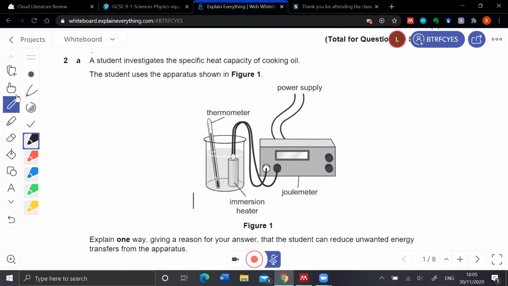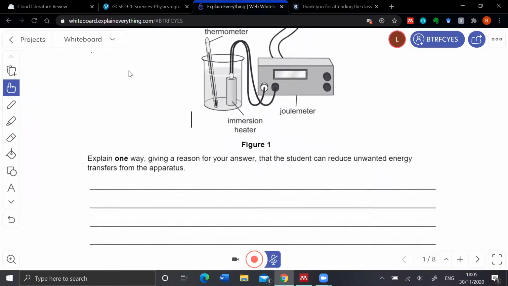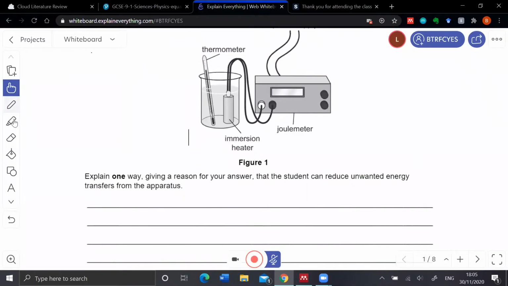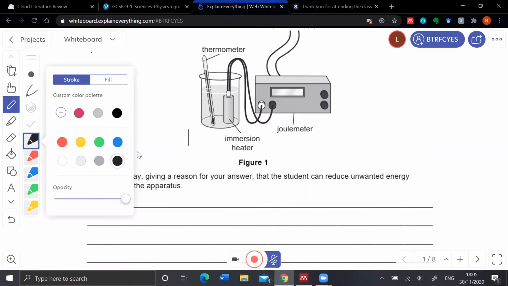Okay, so there's two main ways, and you only have to mention one of them, but I'll mention both. Way number 1, you could just put a lid on it. Yeah, it's that easy, but with a little bit of explanation.